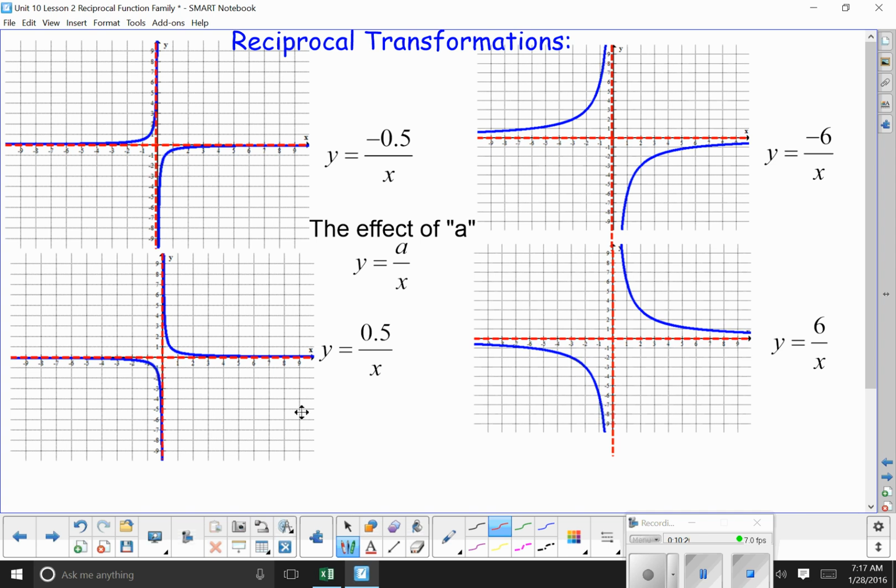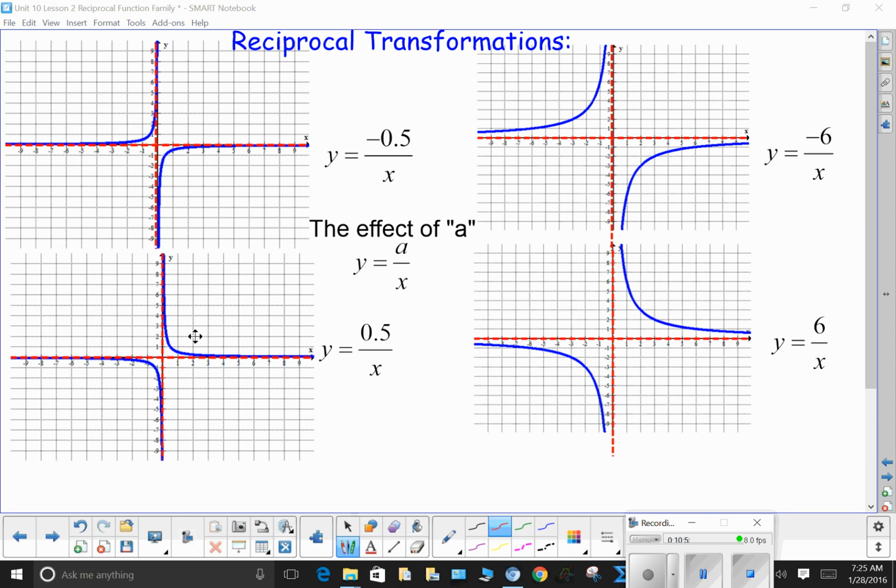Some reciprocal transformations. Pause the video for a moment and study these. Notice the effect of A on the graph. Did you notice that when A is negative, it's reflected over the x-axis instead of being in the first and the third quadrants? It's now in the second and the fourth quadrants. When it's negative, second and fourth quadrants.